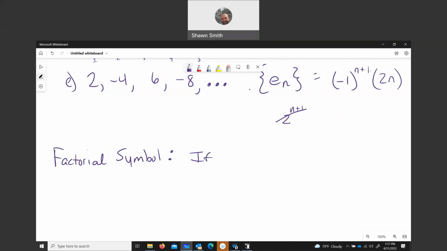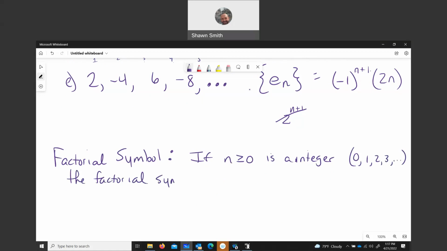If n is greater than or equal to 0, an integer, meaning 0, 1, 2, 3, 4, 5, not the negatives here, the factorial symbol is, you just say n really loud, right? An exclamation mark. That's called n factorial.